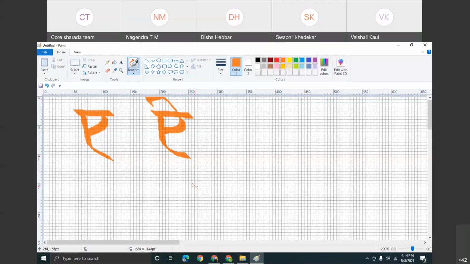So in Sharda Lipi, how this is represented, how we write it. Very simple. Here I will make a straight line, and here what I do, I just take this and I just join it here.